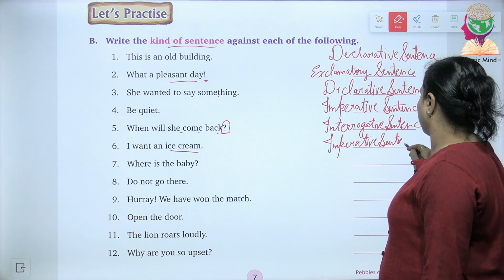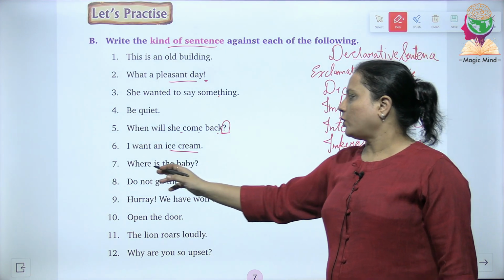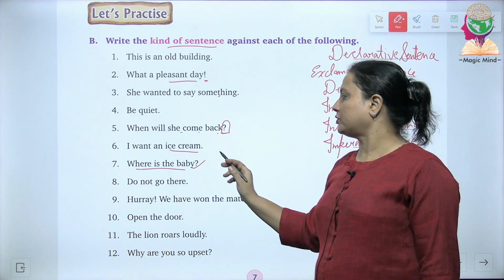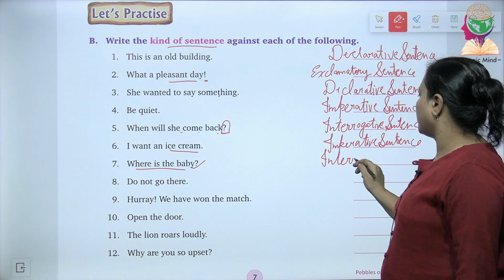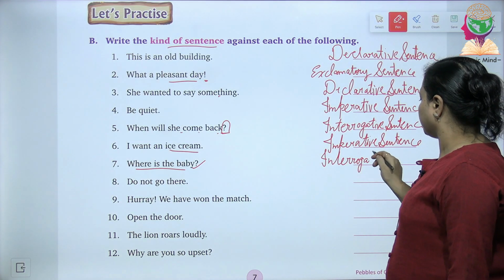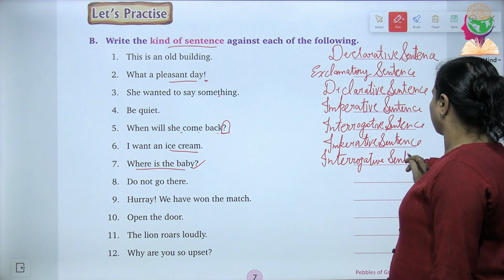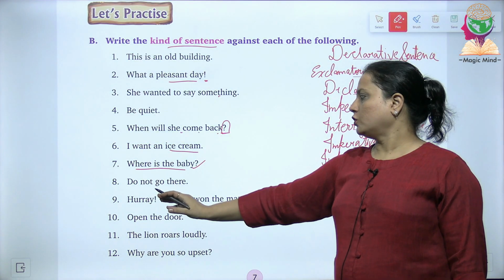Then the next, the seventh one. Where is the baby? It's in the form of a question and it ends with a question mark. We will call this kind of a sentence an interrogative sentence. Eighth is do not go there.